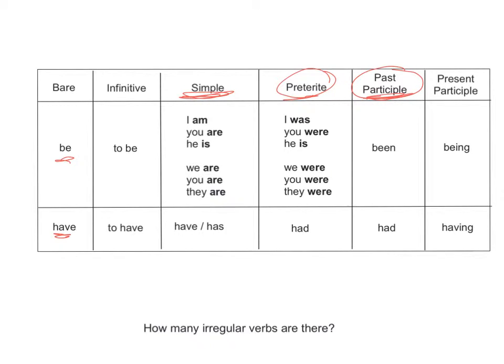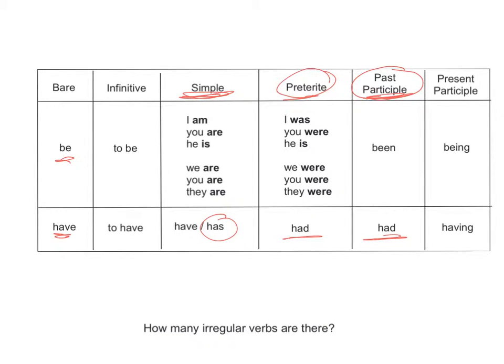Whereas have breaks the rule for the simple third person, the preterite, and the past participle. So be breaks the rule in 4 places, have breaks the rule in 3 places. This is what makes these two verbs unusually irregular.